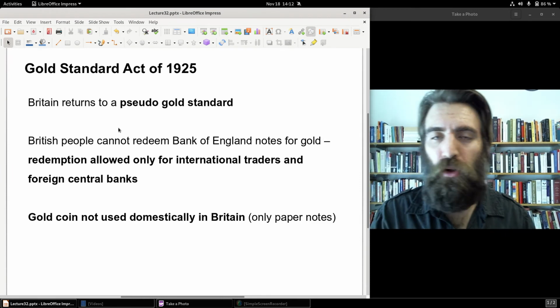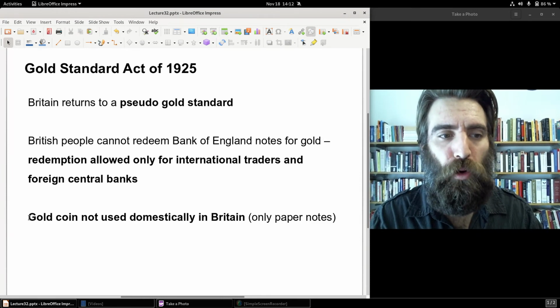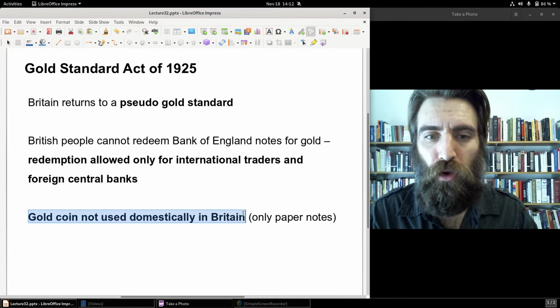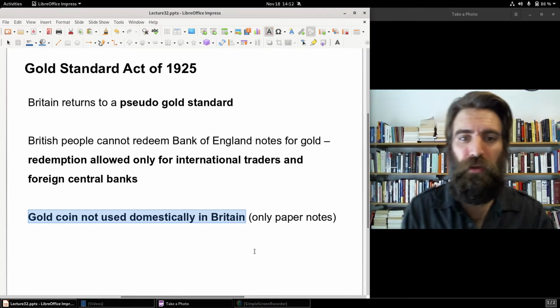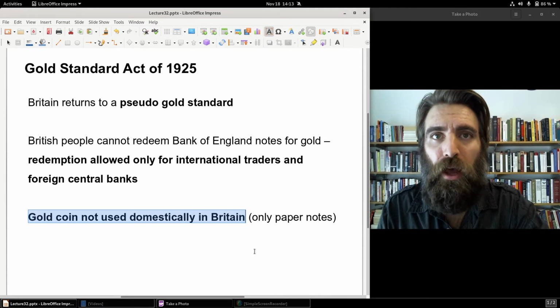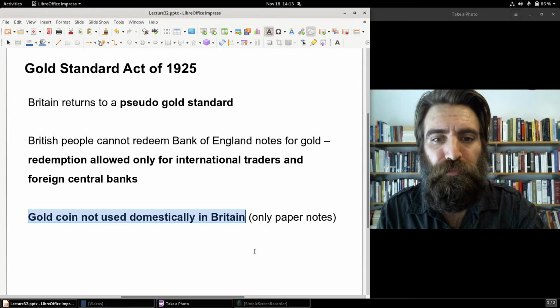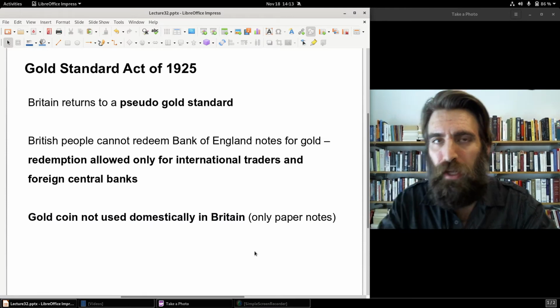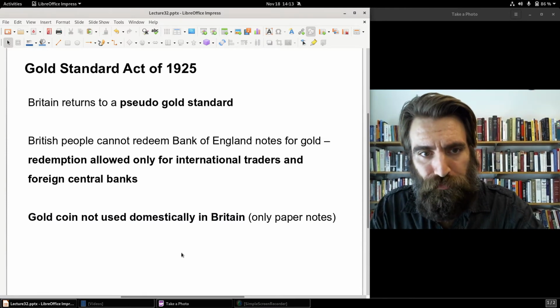Notes are no longer redeemable in gold, and gold coin will not be used anymore. Gold coin will no longer be used domestically within Britain, and in fact, never again will gold coin be used domestically in Britain. Only paper notes, Bank of England, and some treasury notes.